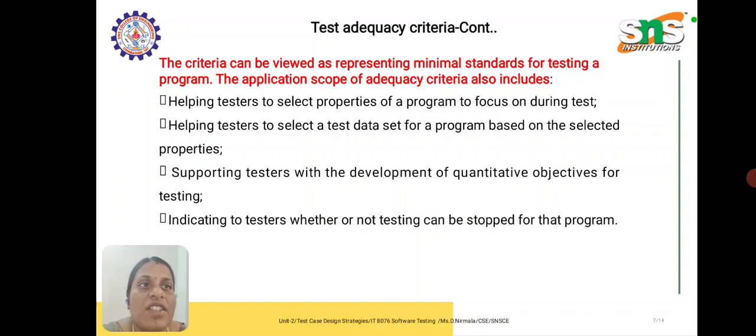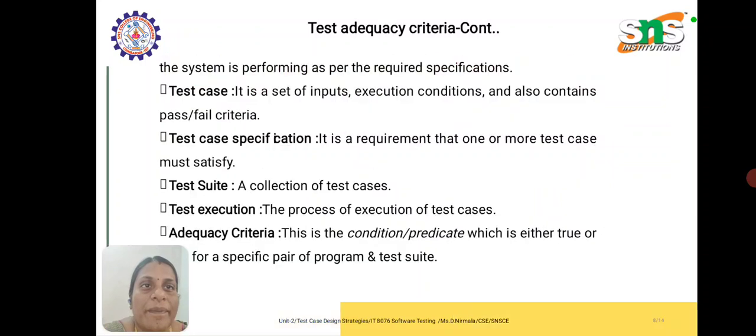Their application scope also includes helping testers select the properties of a program to focus on during the test, helping testers select the test data set for a program based on the selected properties, supporting testers with the development of quantitative objectives for testing, and indicating to testers whether or not testing can be stopped for that particular program.